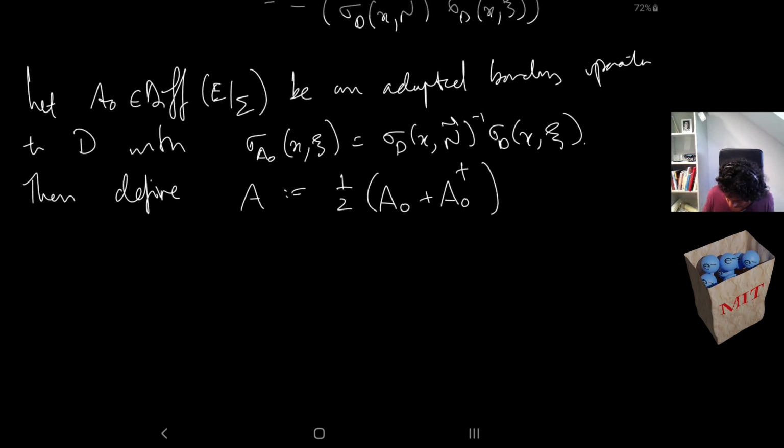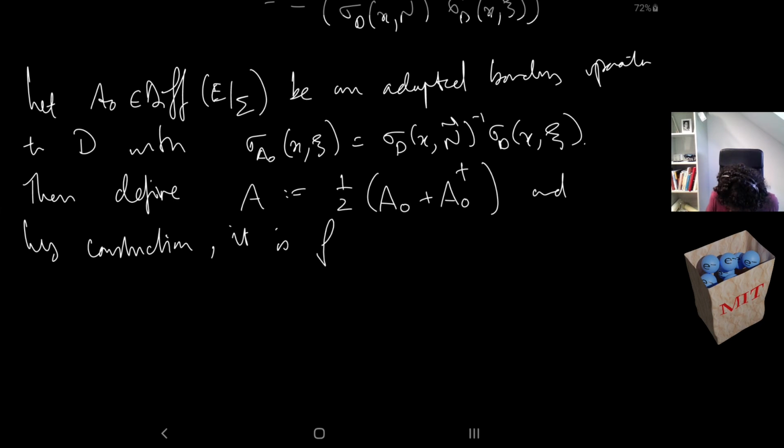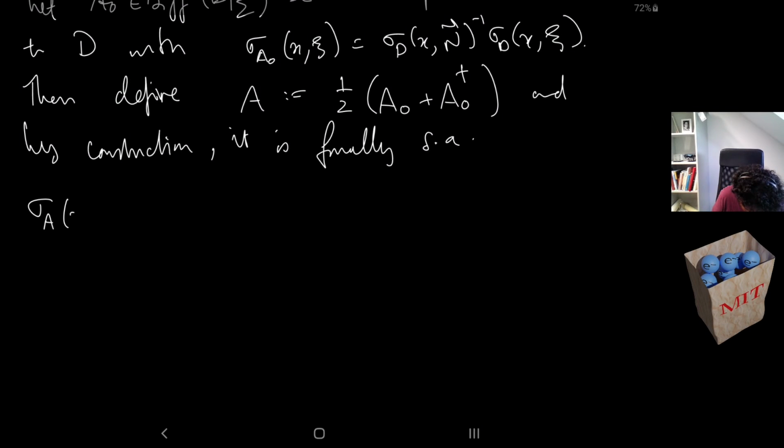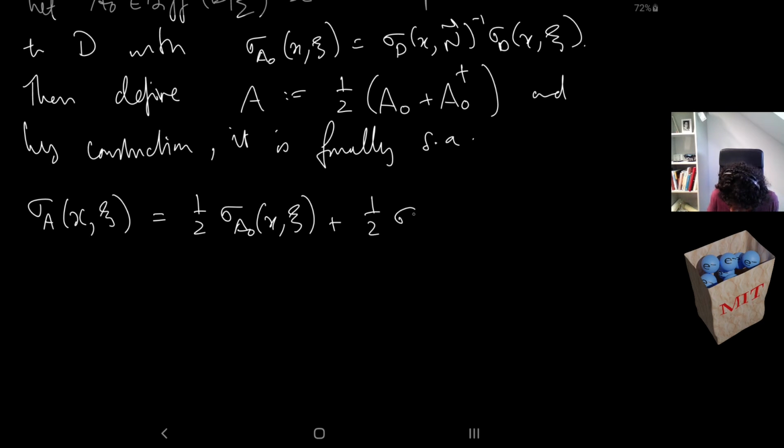So define this, and by construction it is formally self-adjoint. So what is now the symbol of A? Right, so the principal symbol of A is going to be half of the principal symbol of this plus half of the principal symbol of the adjoint, or the formal adjoint, it doesn't matter what we use.